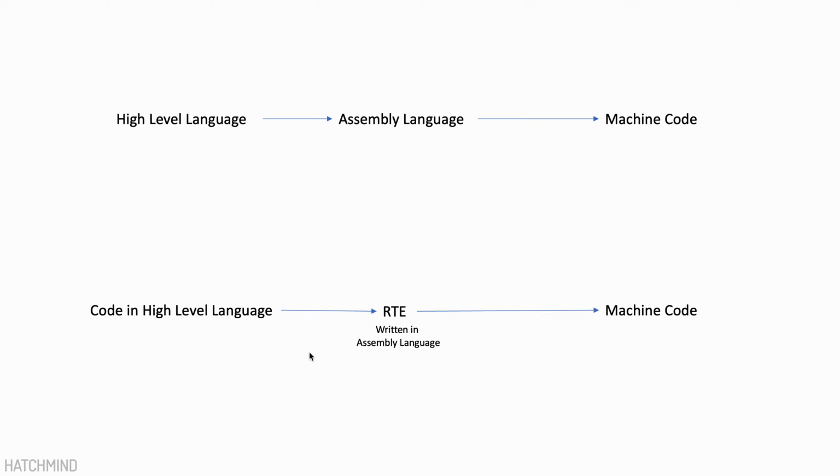Okay, so you will basically write that runtime environment in assembly language, because whatever code you have written has to be converted into machine code. So that's what the runtime environment does. So this is basically how your code or any programming language's code is being executed.